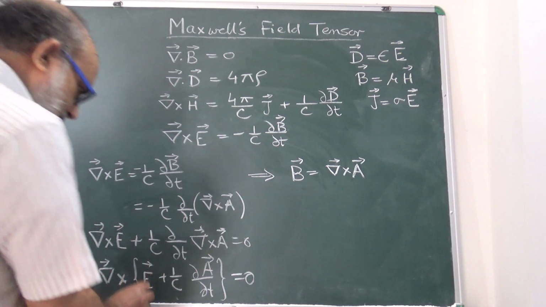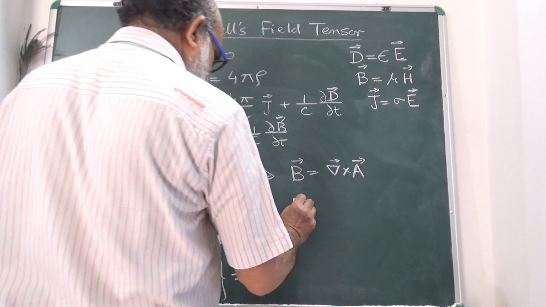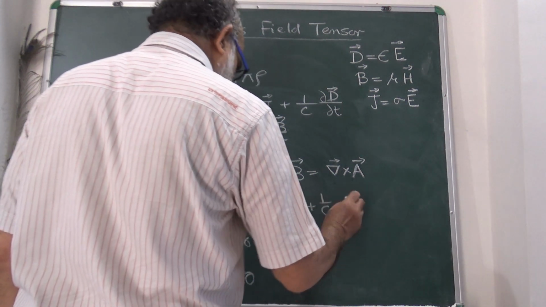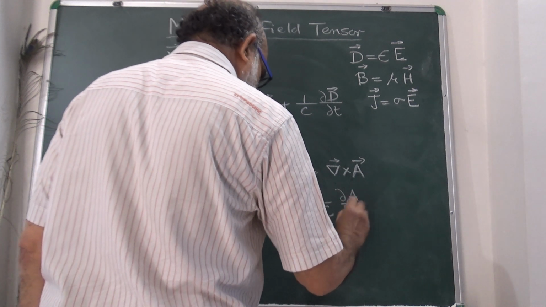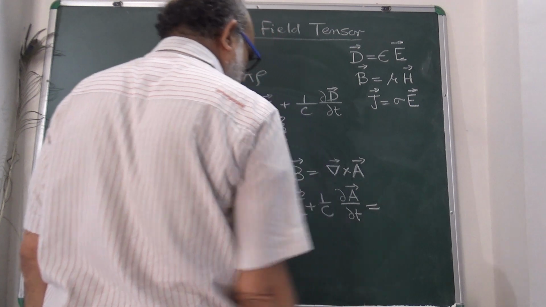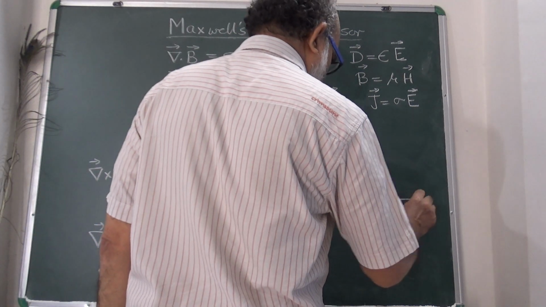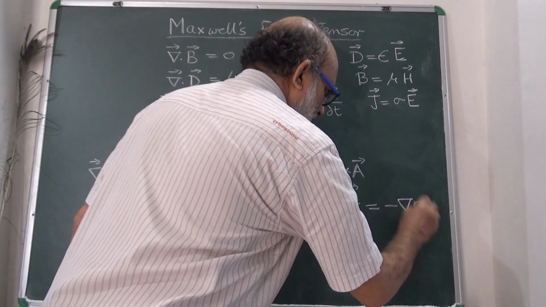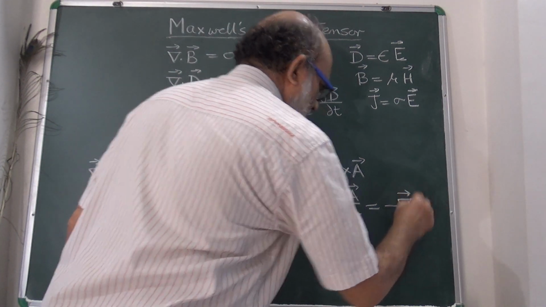So this bracketed term, E plus 1 by c dA by dt, can be expressed as the gradient of some scalar field, say phi.